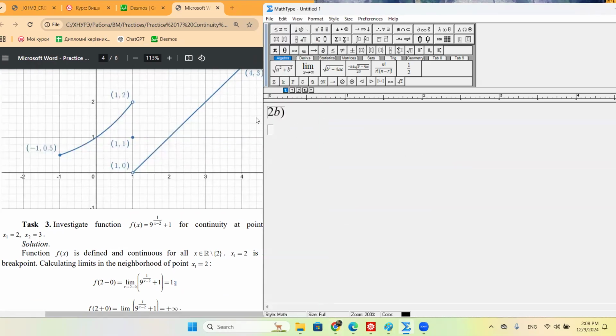Basically we can see that x equals 2 is a discontinuity point. X equals 3 is not a discontinuity point, but we have such a task to investigate. So let's just investigate it.